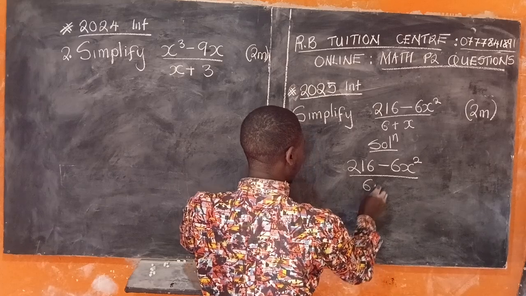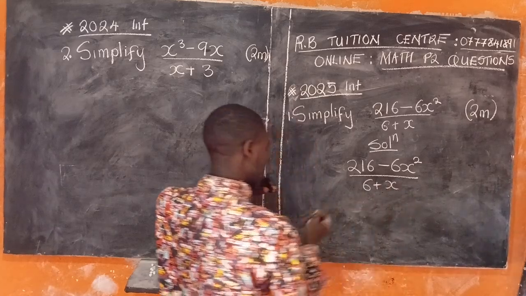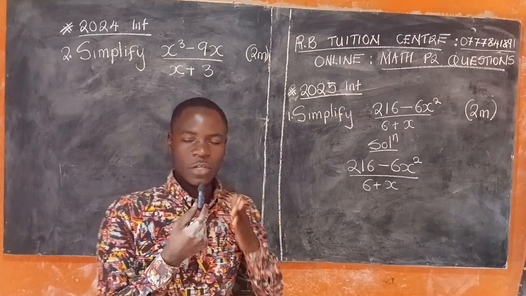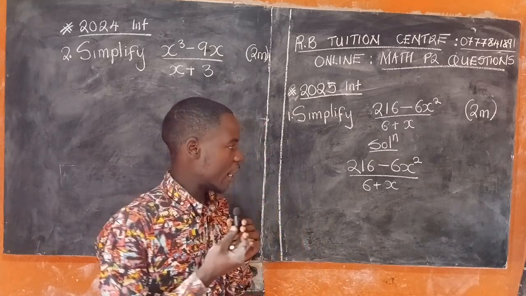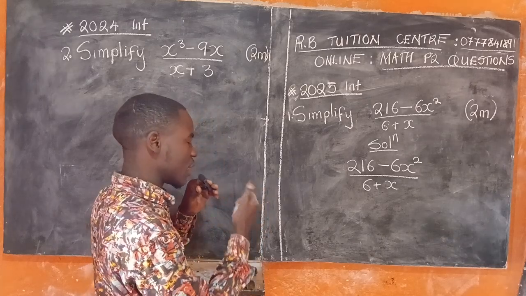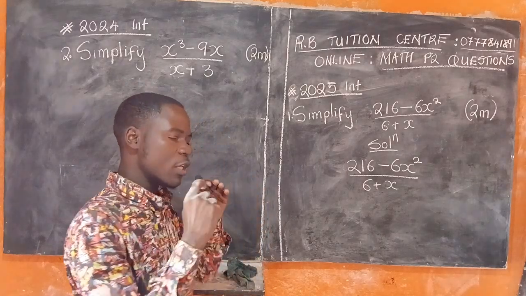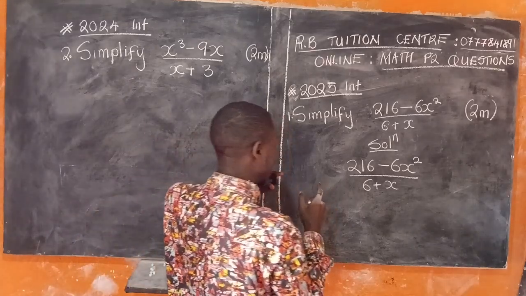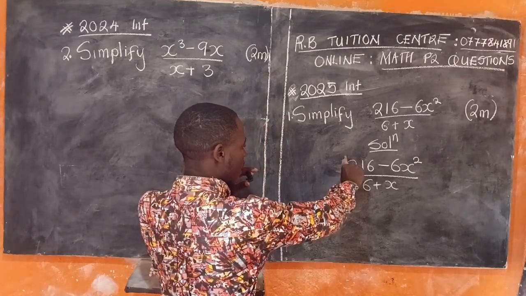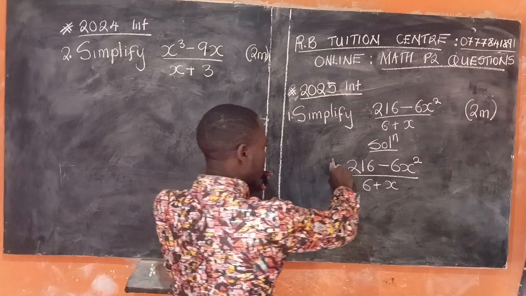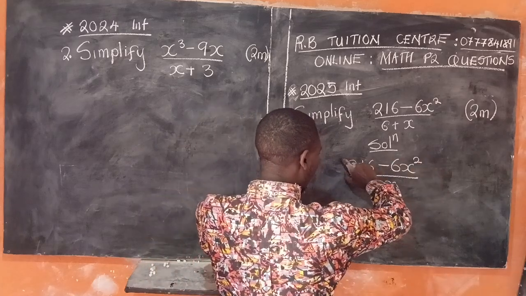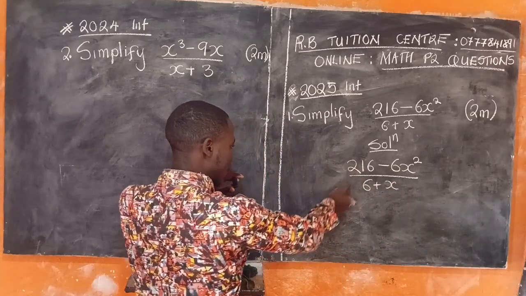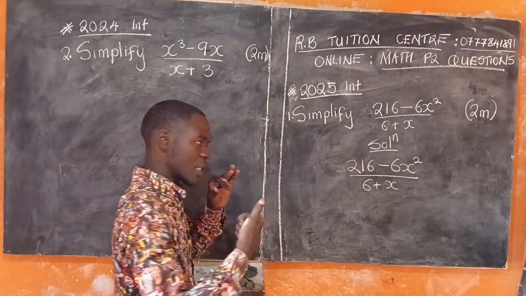They said simplify. This simplification relates to the factorization method. The one allocated in paper 2 is the one which involves the factorization method. We look at the things on top, the numerator, and the things down here, the denominator.